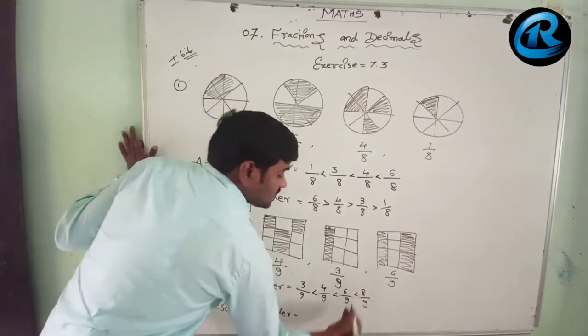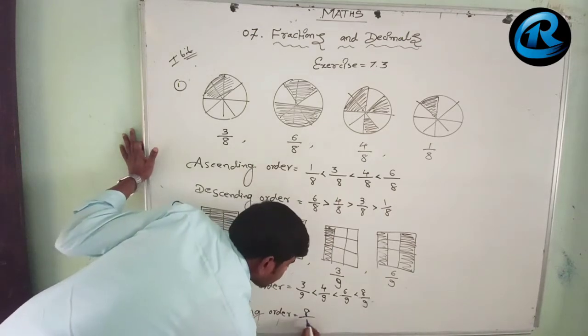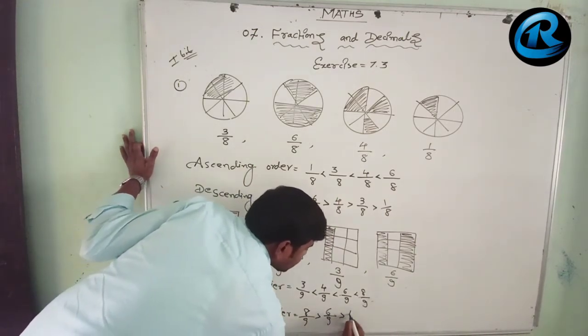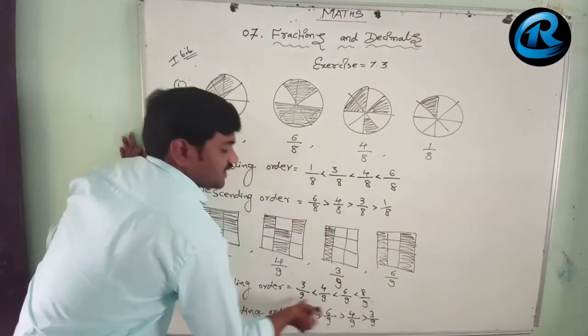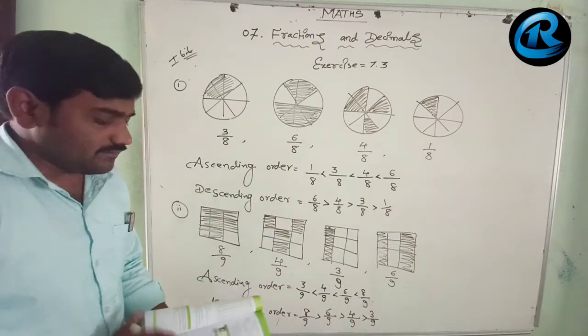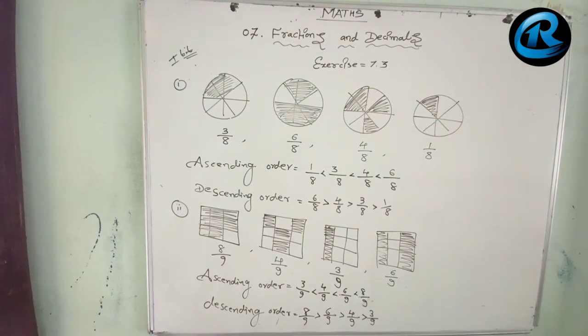Descending order is from the biggest value to the smallest value, so if you write it in reverse, we get the descending order. Here it is a less than symbol, and on the other side it will be a greater than symbol. I hope you understood this clearly now.